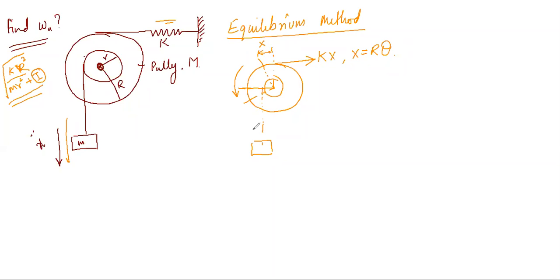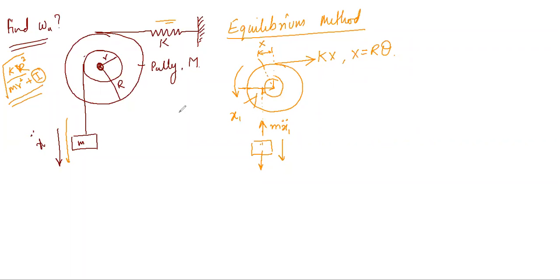Suppose this is x. The small x, you can call x1, is the amount of displacement by which this mass is also displaced. So the mass is moving in the downward direction. Then an upward force will act, which you will call the inertia force, and its magnitude is m x1 double dot, right?